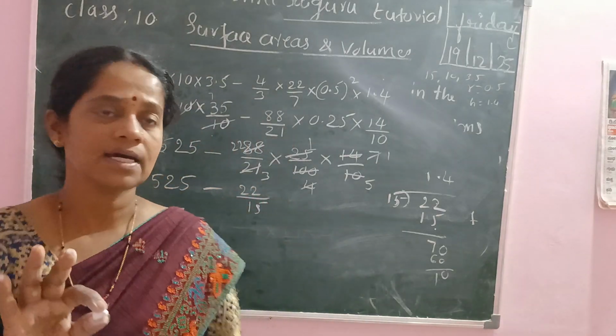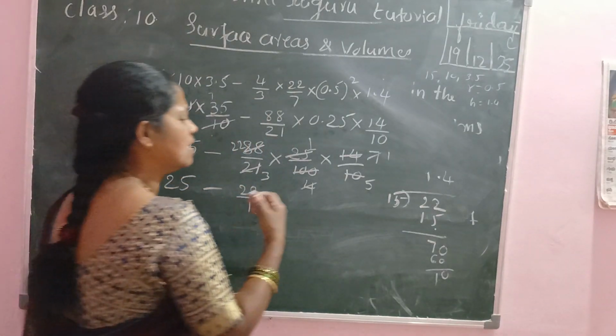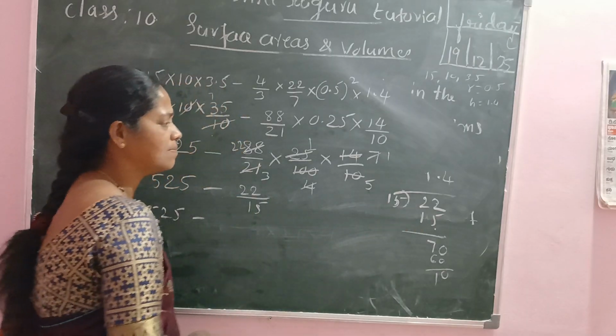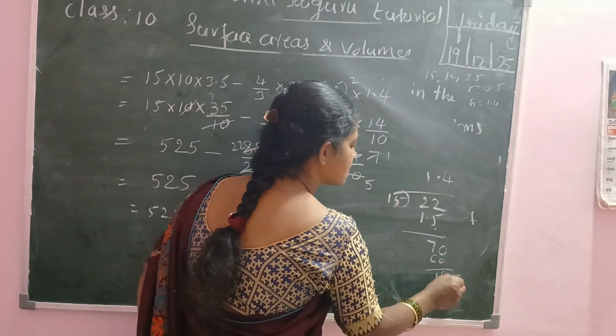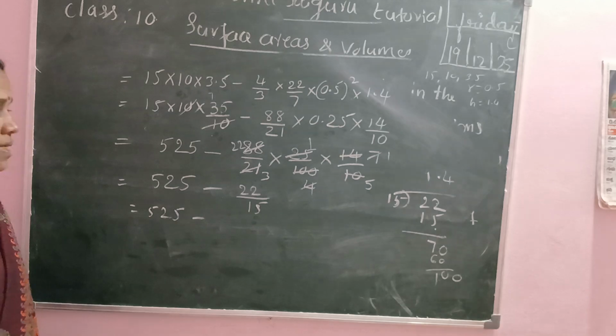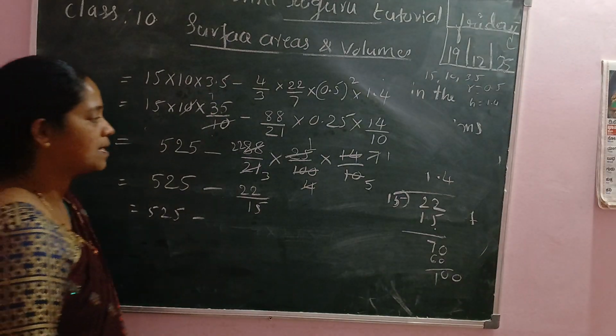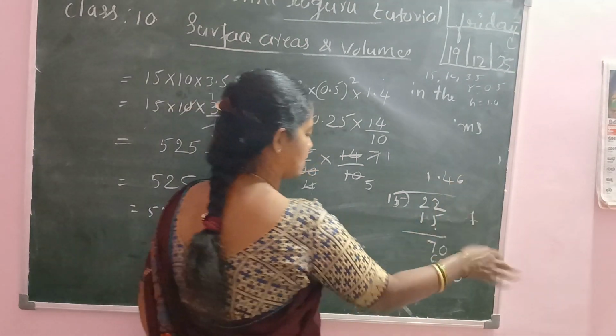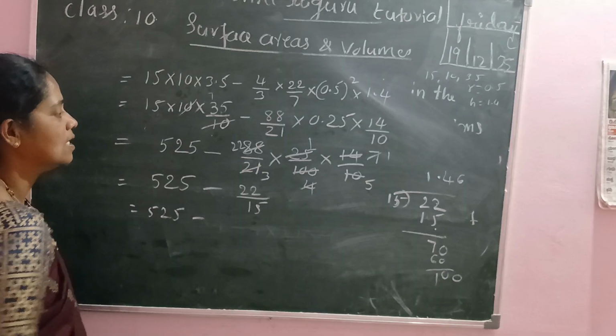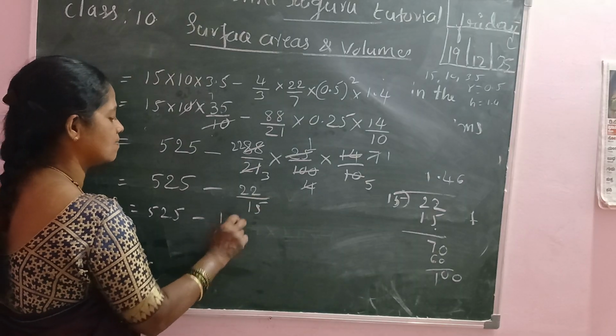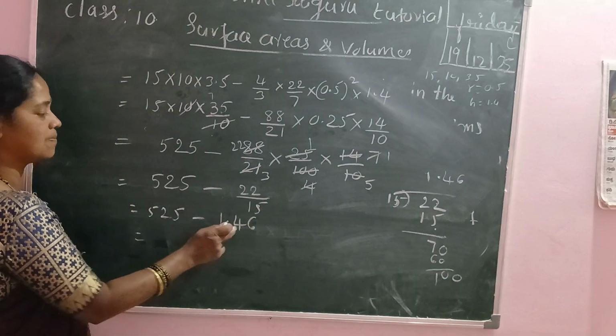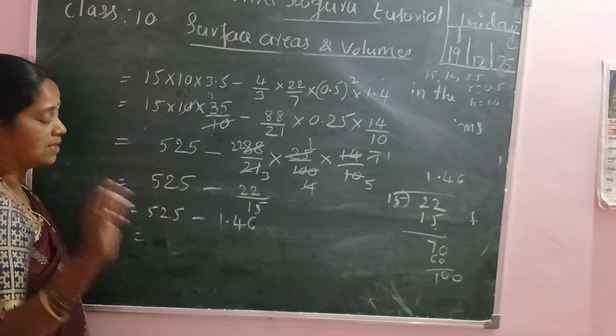Now I have calculated the volume. You can continue also, no problem. Taking 0, 15 sixes are 90. No division needed to consider. That is 1.46. This is the volume of the four depressions.